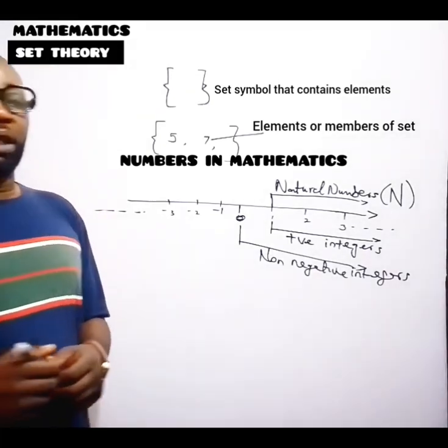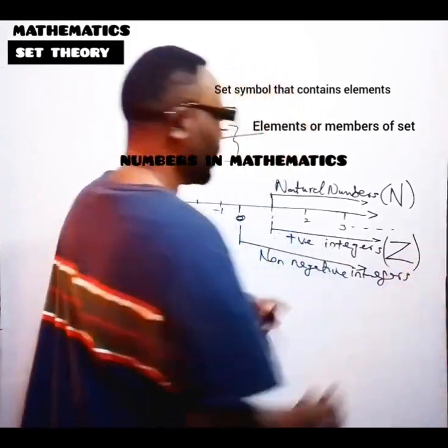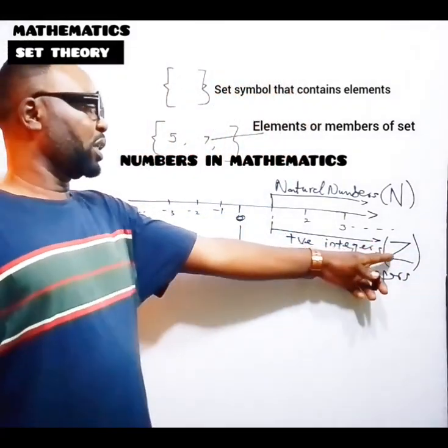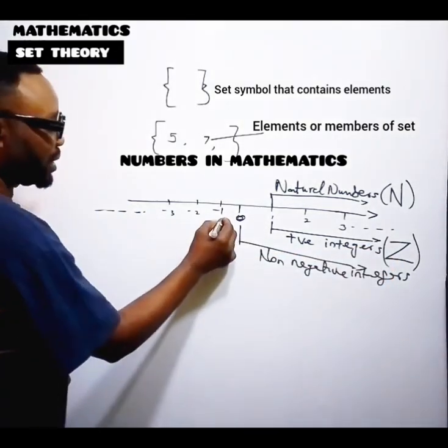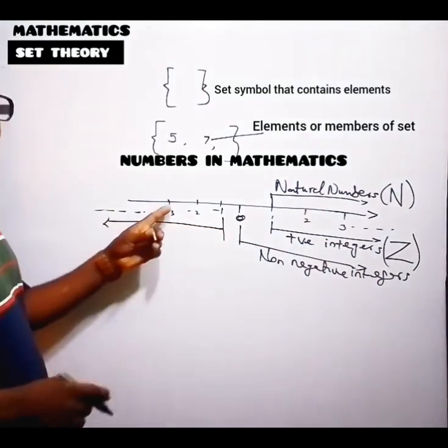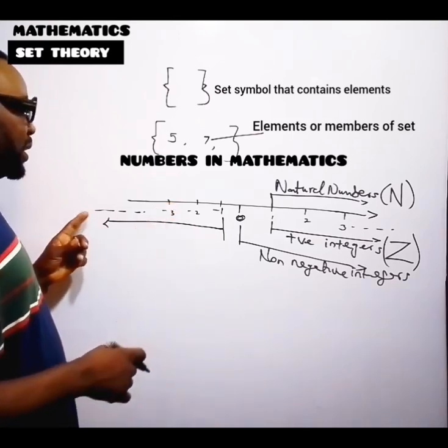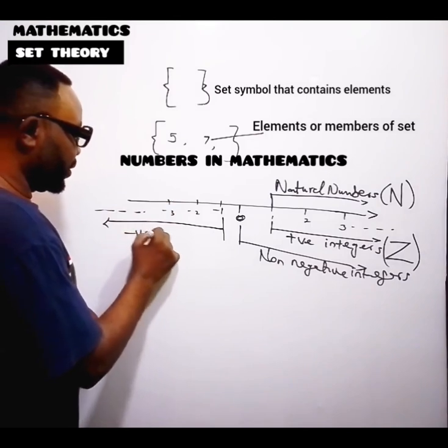In other words, the integers are represented by this symbol, capital letter Z. That is the symbol we use in representing integers. Now, the numbers in the negative part here, from -1, also whole numbers towards the left-hand side, are called the negative integers.